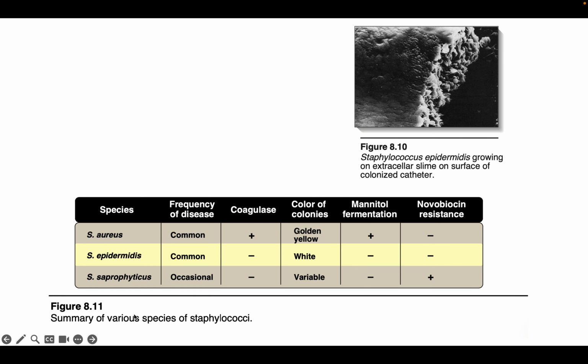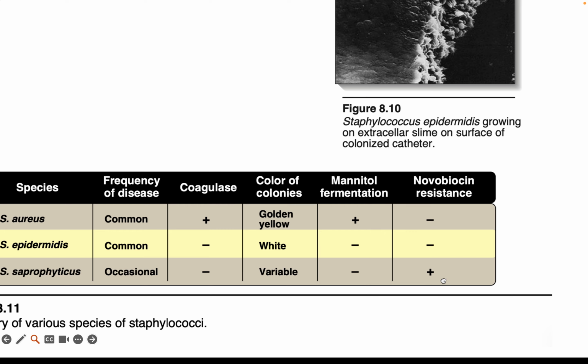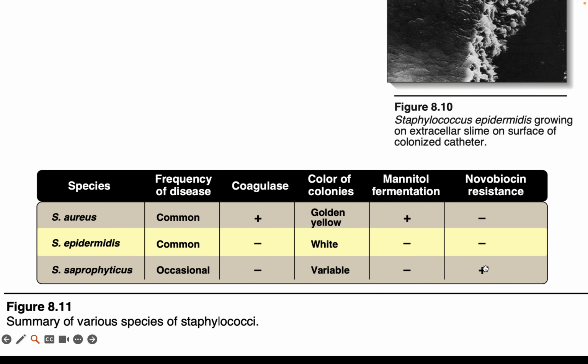For example, Staph aureus is the only coagulase positive staphylococcus. It will form golden yellow colonies, as the name aureus comes from golden, and it will ferment mannitol. The novobiocin resistant organism is saprophyticus, the organism that is resistant to this antibiotic.